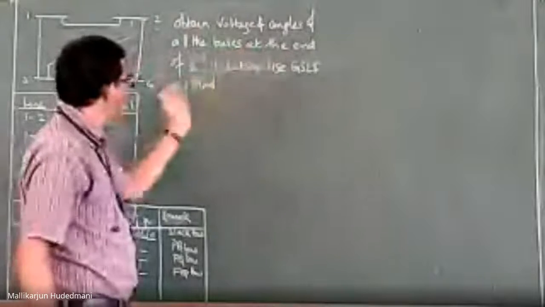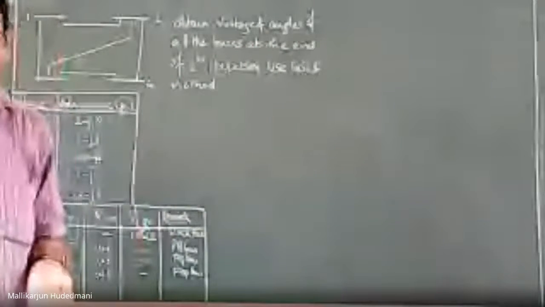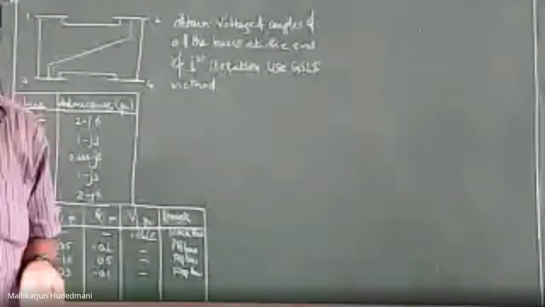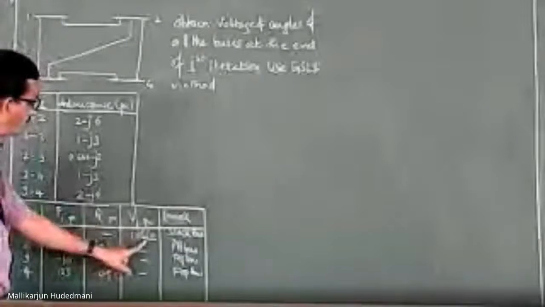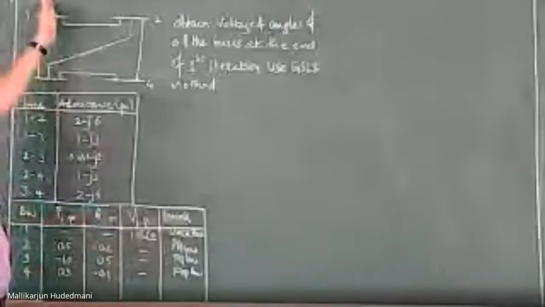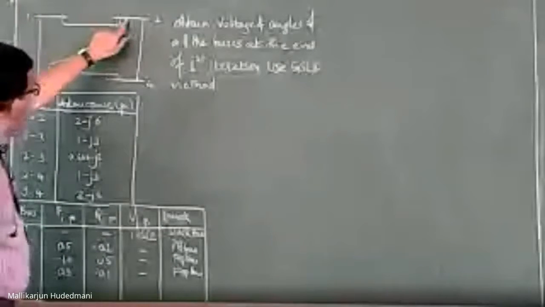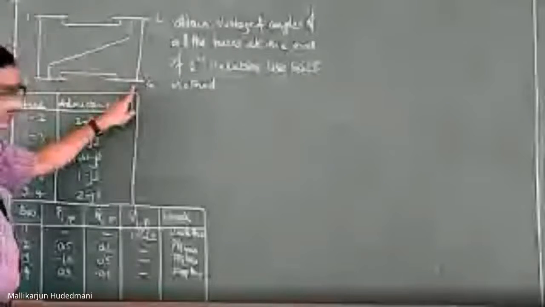Use GSLF method. Now, do I need to calculate any voltage of the slack bus? Definitely no, because the slack bus is mentioned with a voltage 1.04 angle 0 pu, which is a reference bus. I have to calculate V2 delta 2, V3 delta 3, V4 delta 4.